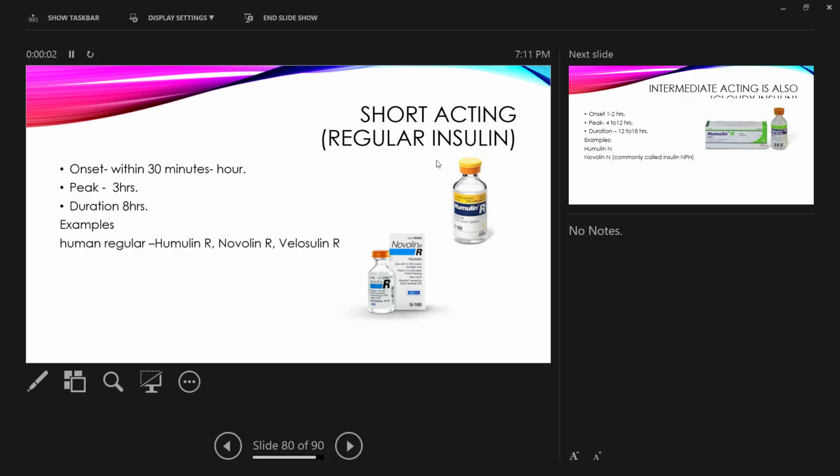Okay, the next type is going to be short-acting insulin, and it's also referred to as regular insulin. And this part I really want you to pay attention to because this is a very common error for the public in general, but also for interpreters if they don't understand that there is a difference between short-acting and fast-acting.